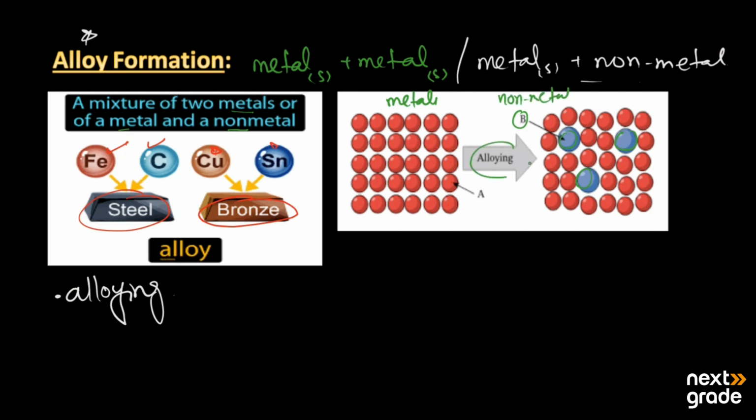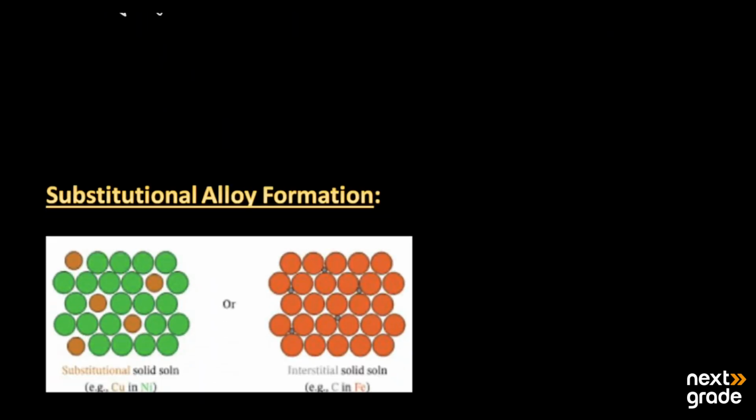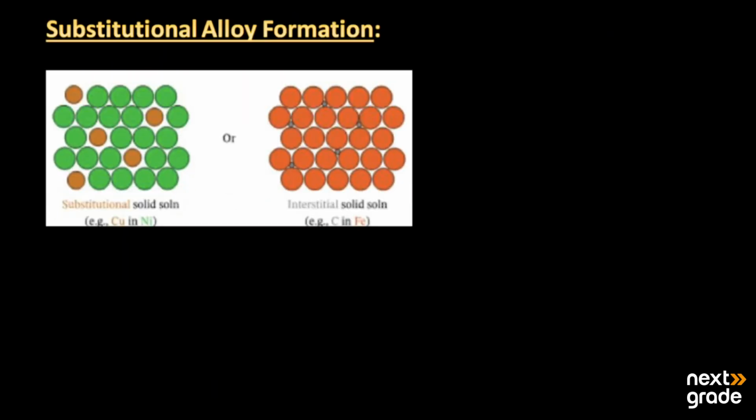So this process is called alloying, in which one metal combines with another metal, or one metal combines with a non-metal. All these products are called alloys. We have a lot of alloys, like steel, which we just discussed. On the other hand, the second is bronze.